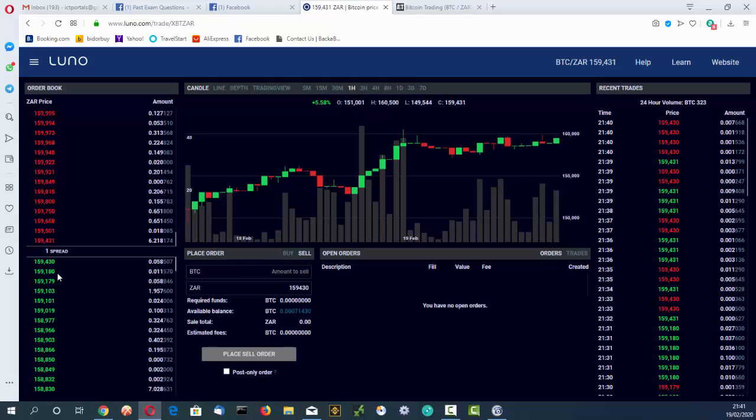This green price is for people that have Rand, that they want to buy Bitcoin. Now, the spread is the higher bidder, which is the buyer, the person that bid higher, which is 159,430.